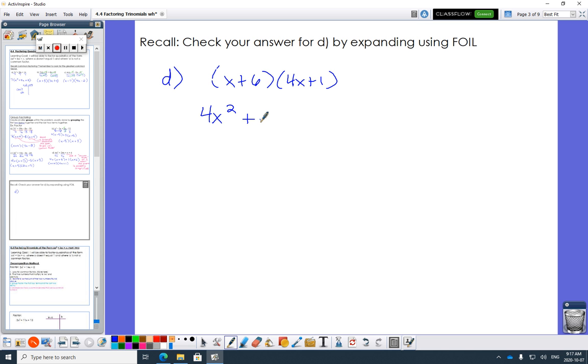Again, if it bugs you, just put x times 1, no big deal. 6 times 4x is 24x. 6 times 1 is 6. So this is what the question looks like in D. Normally what we would do is then simplify, right?